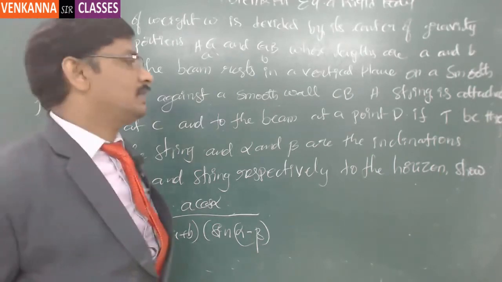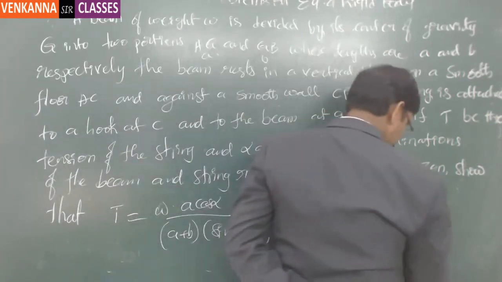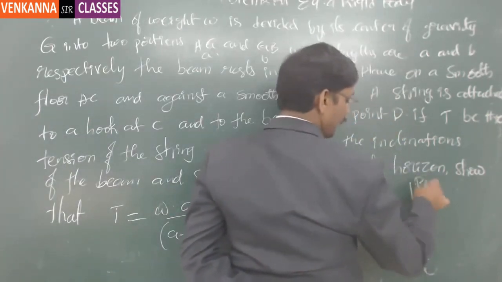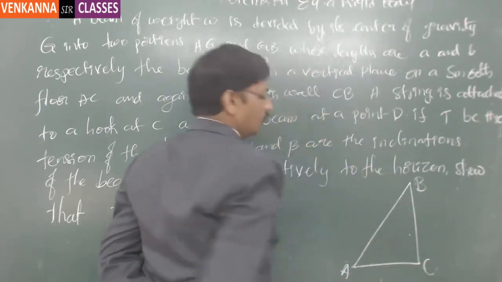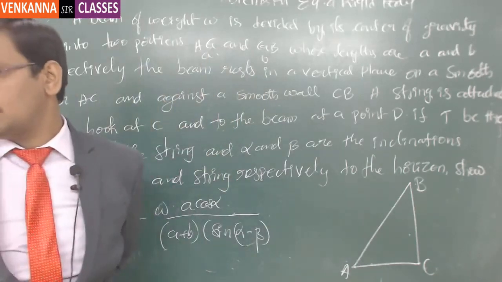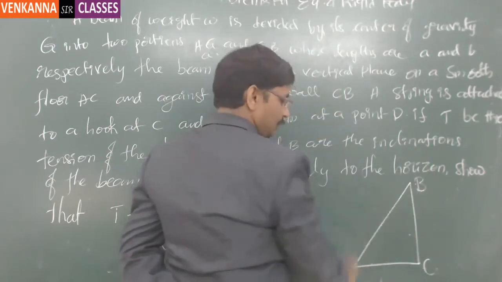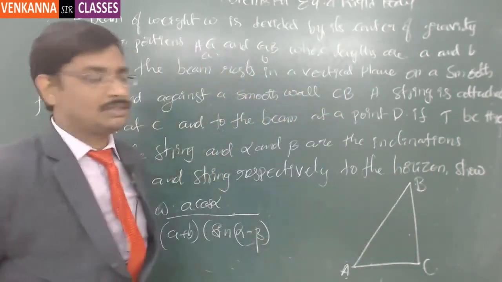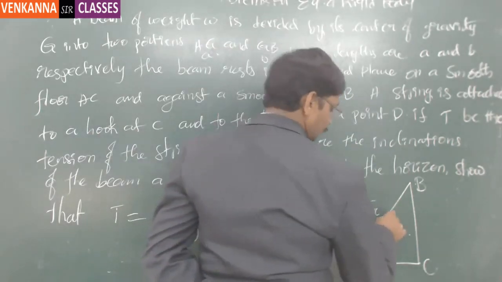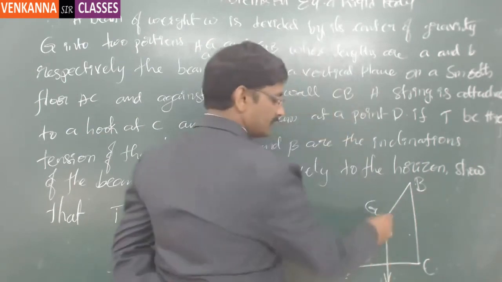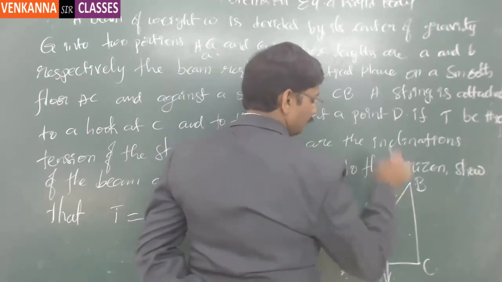So smooth wall CB, that means this has to be C and this has to be B and then this has to be A. So this is how the beam has to be, right? This beam AB is resting, and this is the center of gravity G, acting downwards, and G divides this entire length into this portion A and this portion B.